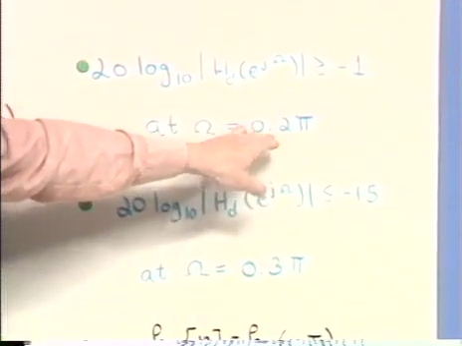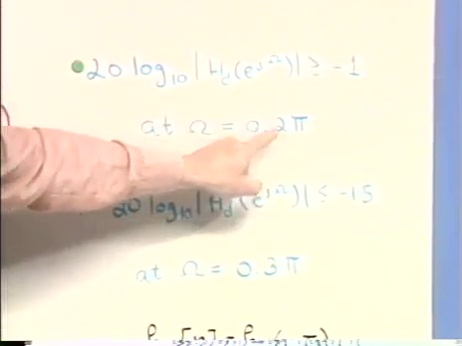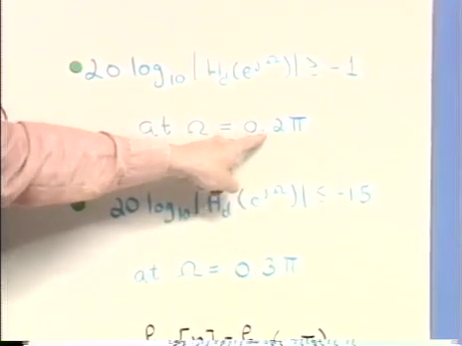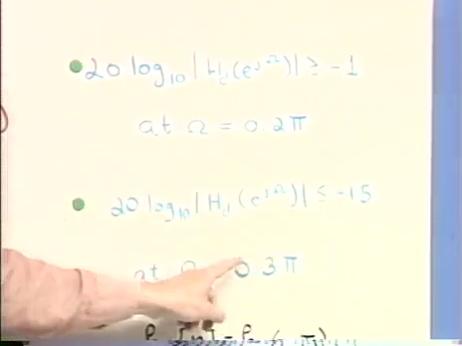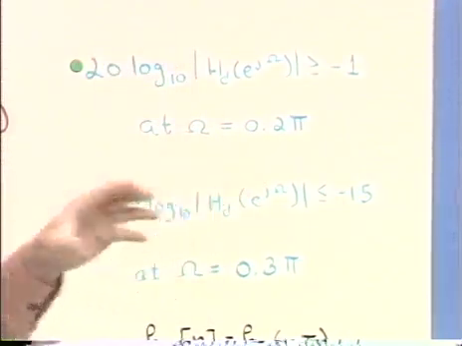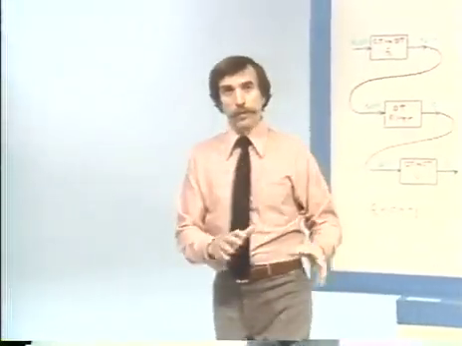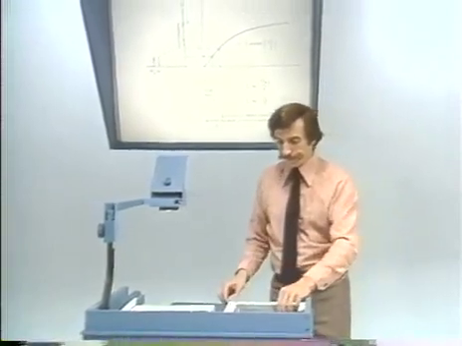And what we had asked for is that the frequency response be down by no more than 1 dB up to 0.2 pi and down by at least 15 dB at 0.3 pi. So we want to design the same discrete time filter as we did before with impulse invariance. We now want to do it with the bilinear transformation applied to an appropriate Butterworth design.